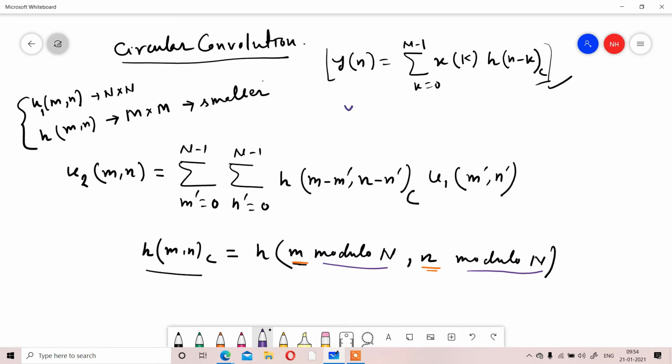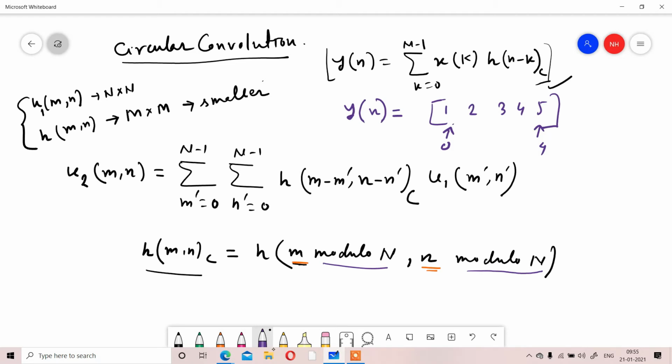Suppose you have y(n), a 1D sequence, given as 1 2 3 4 5, where that is your 0th position and that is your 4th position, so n is 0 1 2 3 4.